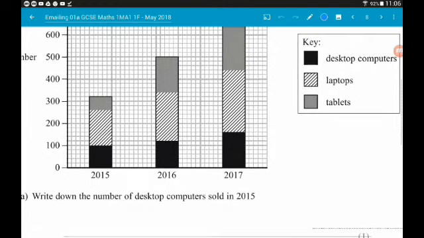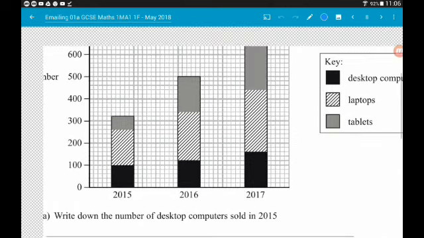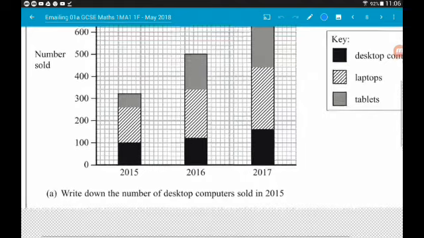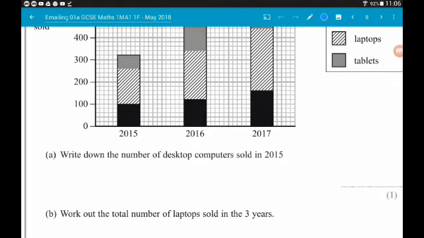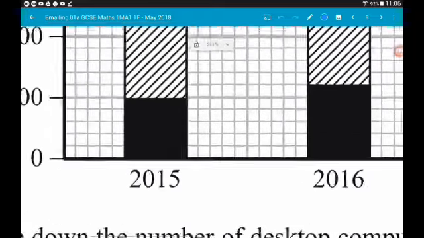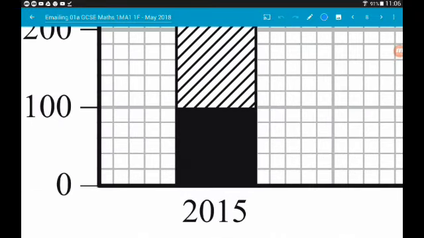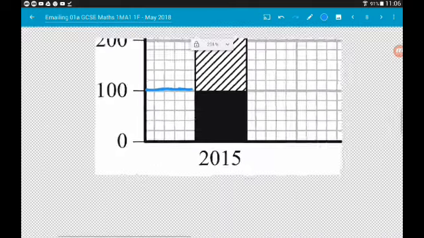So the years we've got 2015, 2016 and 2017, and at the side we got the number sold. So part A wants us to write down the number of desktops sold in 2015. So desktops are the black. Hopefully we can see quite easily. That is going to be 100.